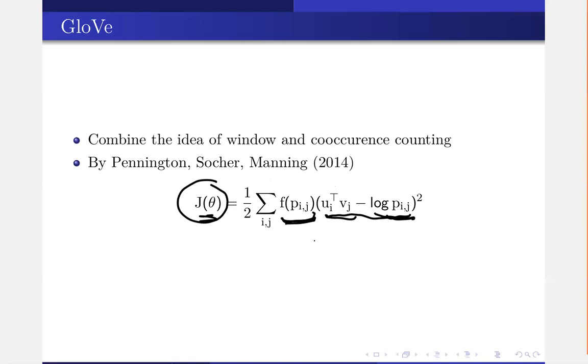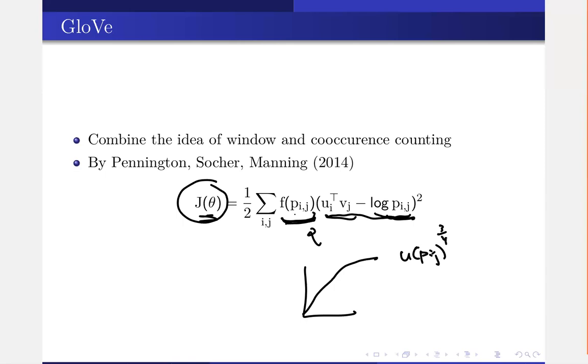But again, this co-occurrence we clip a little bit. So as before, you can use Pij to the power of 3/4, to mitigate the influence of very frequent words, for example 'an' or something like that.